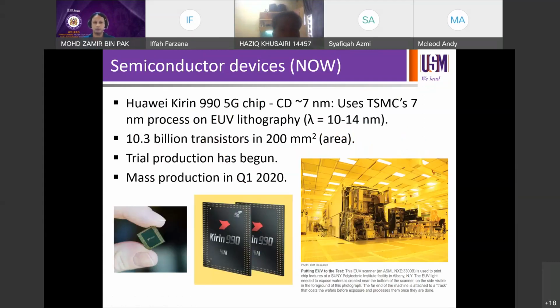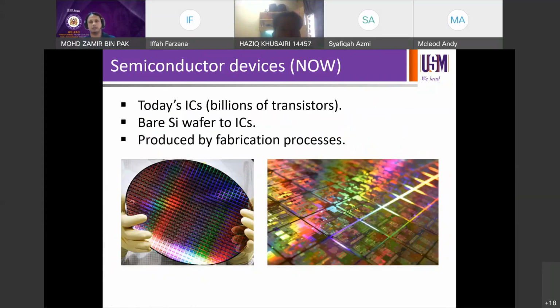Okay, this is the same thing we discussed just now in the first part. So today's ICs contain billions of transistors. We're going to learn in this course how we convert from sand to bare wafer to integrated circuits through various fabrication processes.